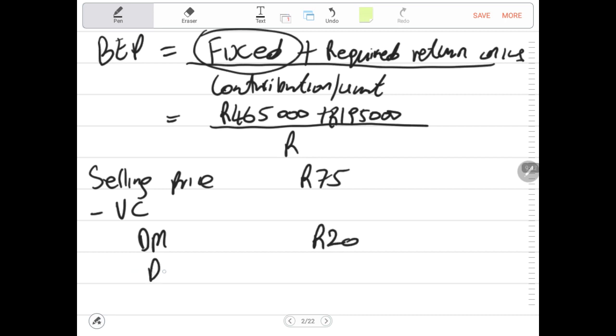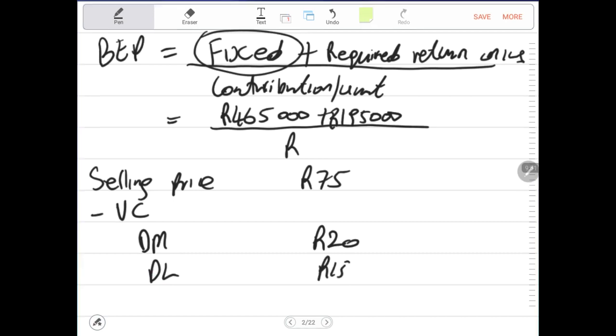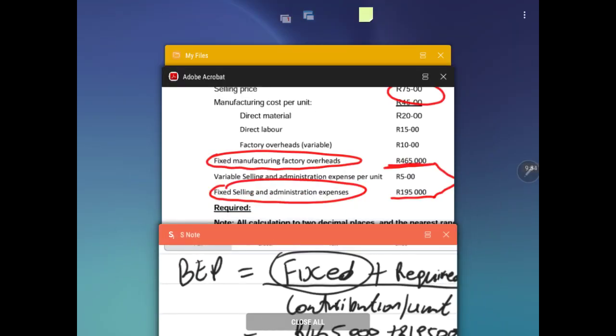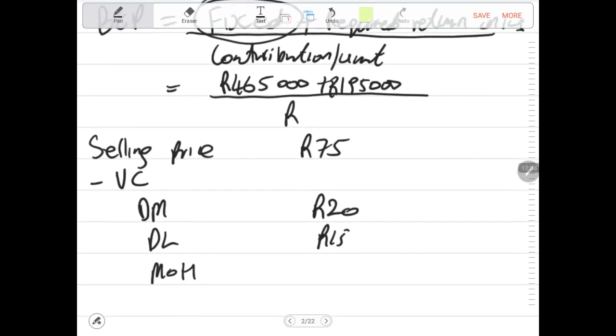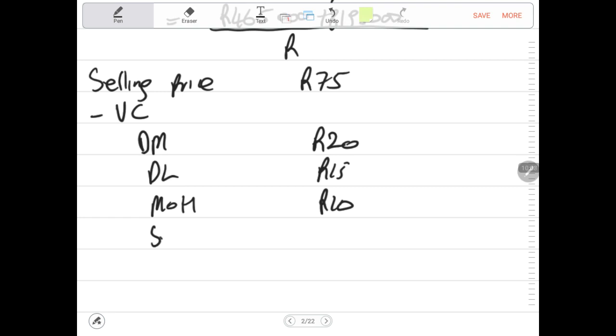Then we have direct labor, which if my memory still serves me, was 15 rand, and variable manufacturing overheads of 10 rand. Then there was selling and admin that was variable.